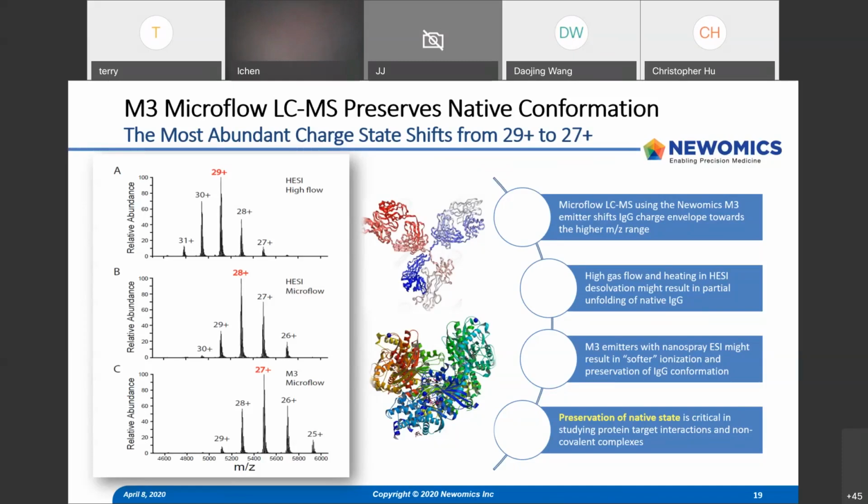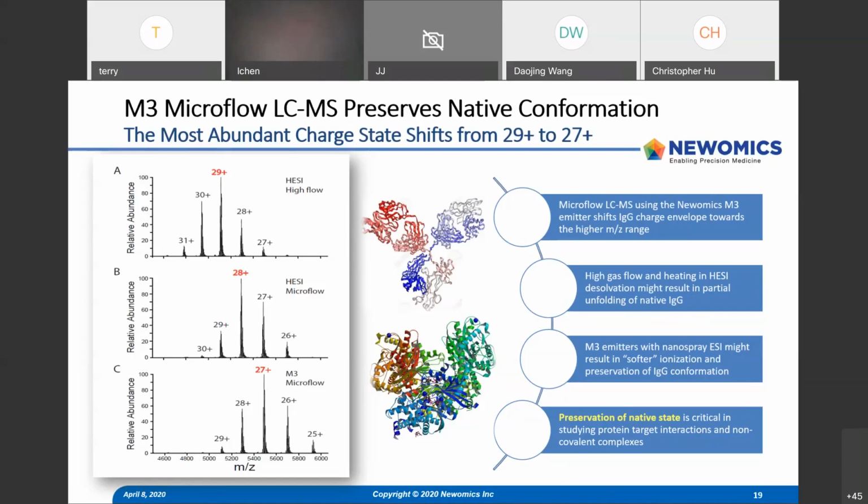As I said, for native MS, we want to maintain the native state. This slide shows that for HESI source, the maximum or highest abundant charge state is at 29. If you move down to microflow using HESI or using our emitter, the maximum is 27. That means the proteins are probably better in the native state.